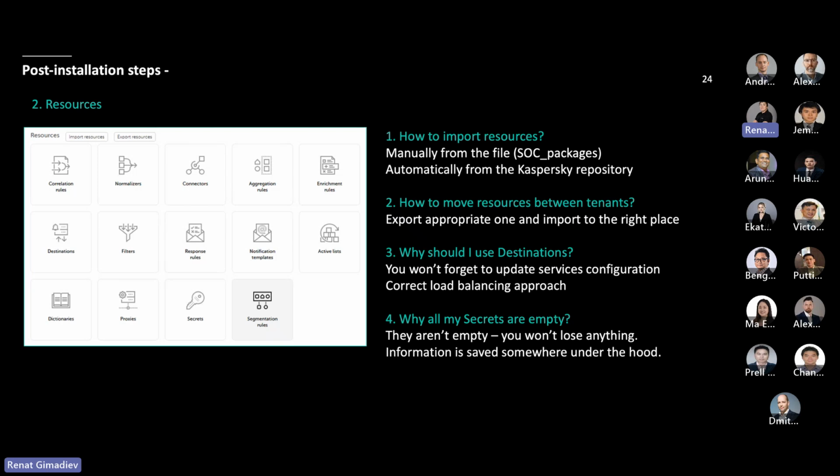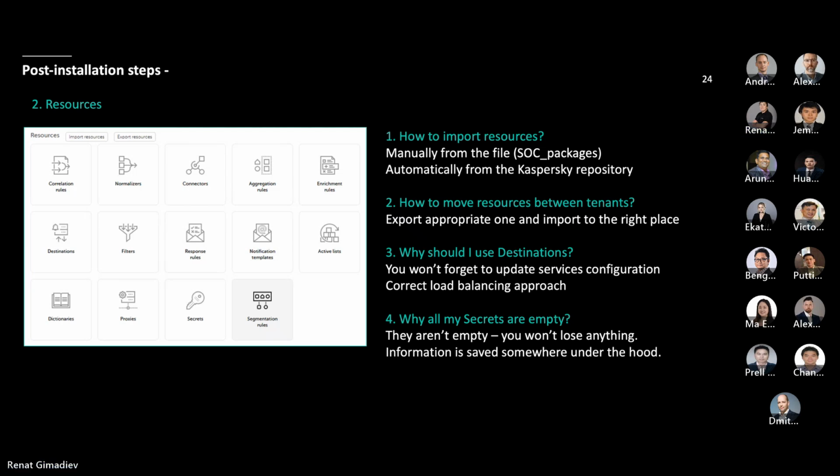You don't need to add them manually, so you create a destination, and in the destination you specify all the FQDNs of correlators and storage nodes, and all this information will be set as a destination for your logs. So when the logs come in, they will be transferred using these destinations.